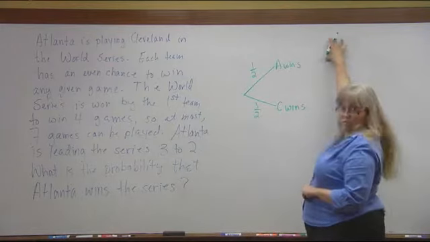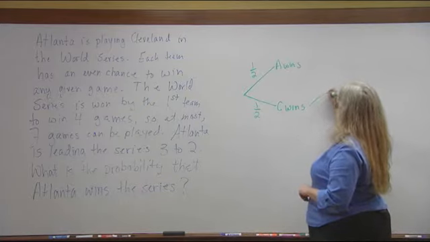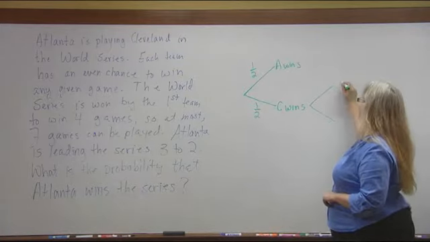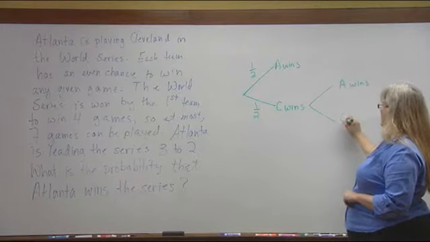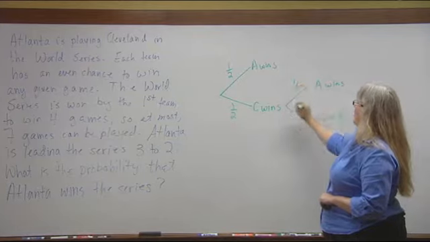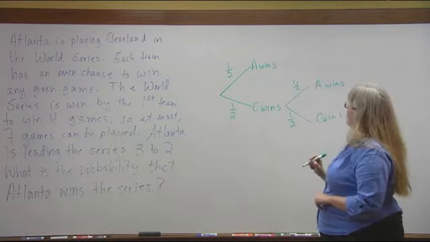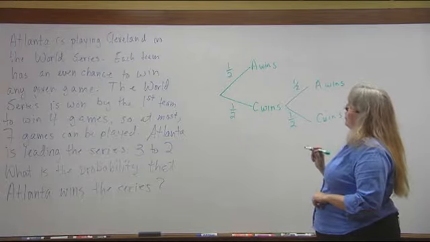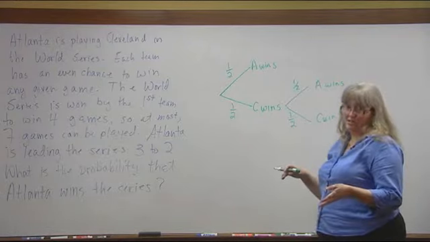So there are no more branches on this part of the tree diagram. But if Cleveland wins, we have 2 possibilities. Either Atlanta wins or Cleveland wins. Again, with probability of 1/2. So what we're really interested in now is following the scenario where Atlanta wins.